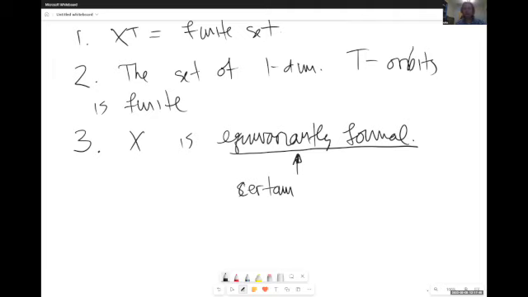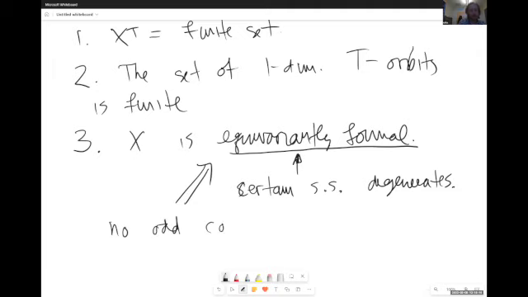But there are a lot of properties X might have that imply equivariant formality. The definition is that a certain spectral sequence degenerates, but the property of being equivariantly formal would be implied, for instance, by the statement that there's no odd homology.